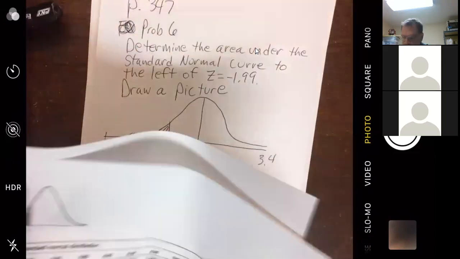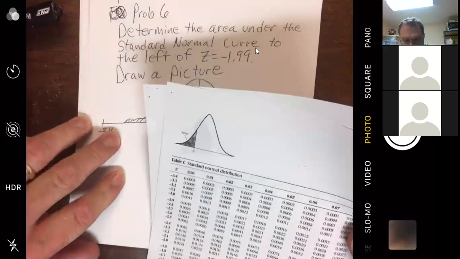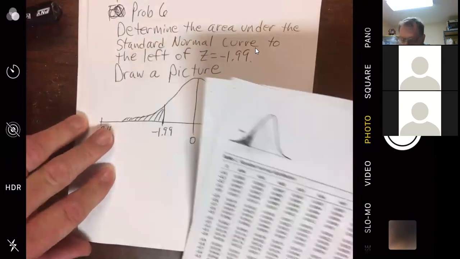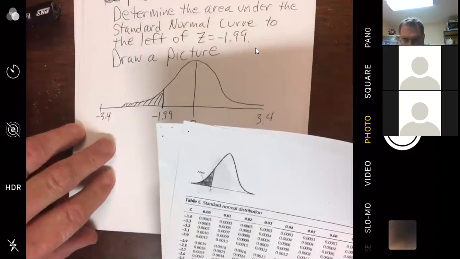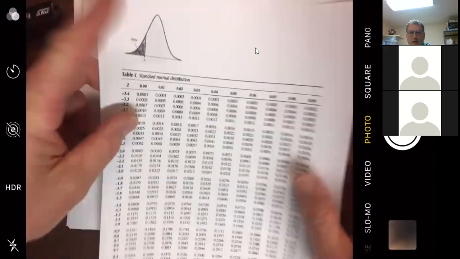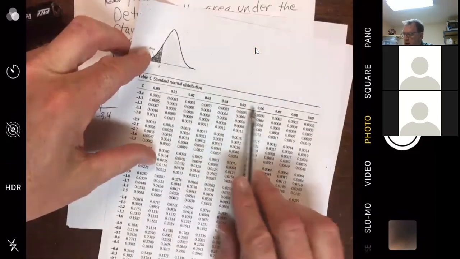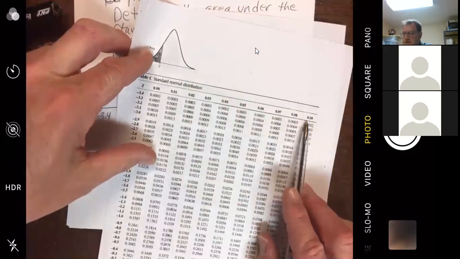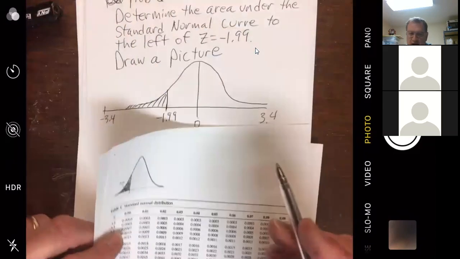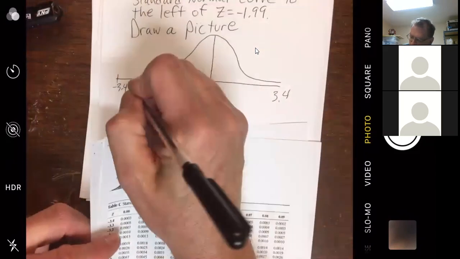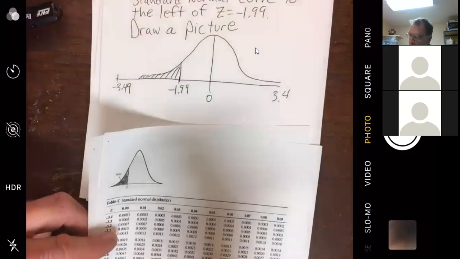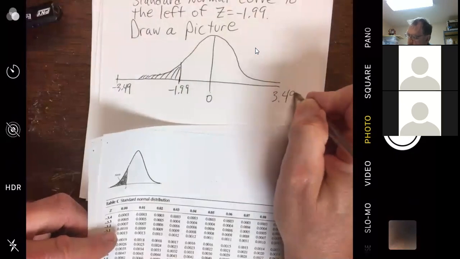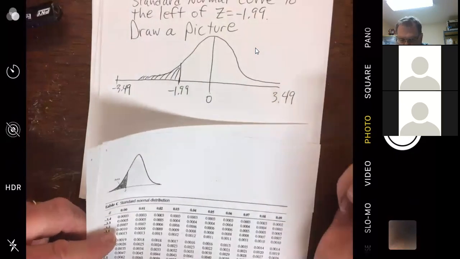Questions about that? The columns across the top are labeled by hundredths places. So if you want to be really technical, the leftmost number you can look up is negative 3.49, and the rightmost is positive 3.49.